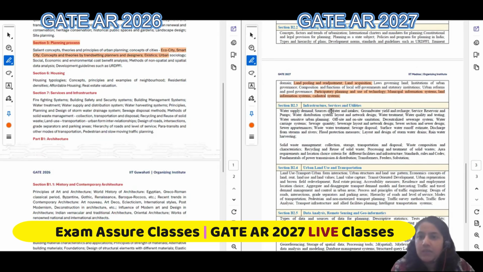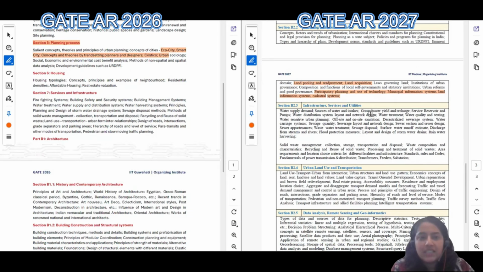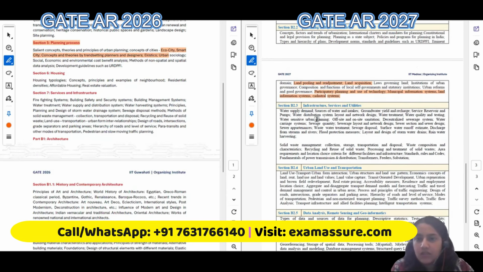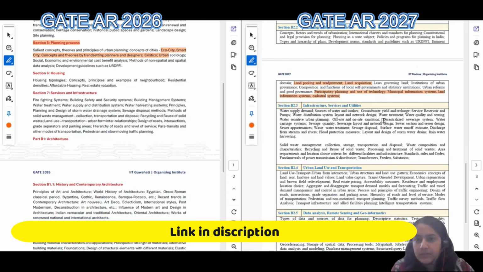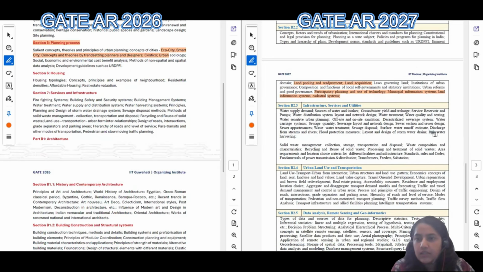So water supply, demand, water sources, intake, rainwater harvesting, water distribution, sanitation, on-site, off-site, decentralized sewerage system, flood protection measures, rainwater harvesting, if you look at it. So that was here also earlier, water harvesting systems. So this section has now been reshuffled, detailed out more, and moved from common part A to part B2.